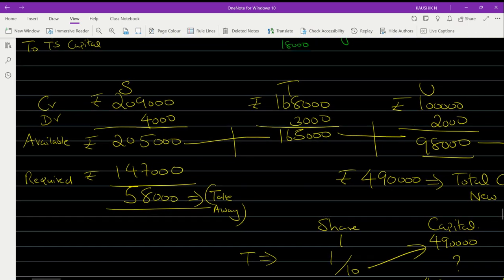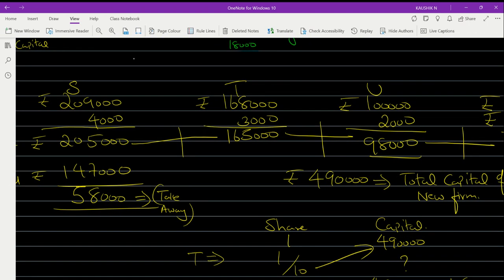Now come back to partner T. This amount is available, but the required is 49,000. Now you compare and tell me, is there a shortage or is there a surplus?